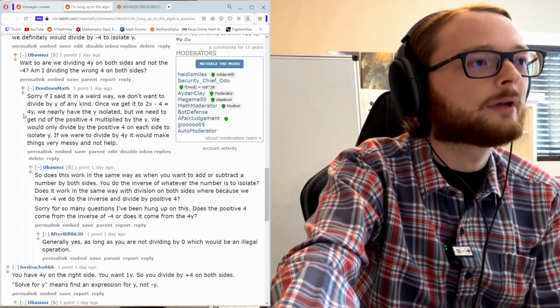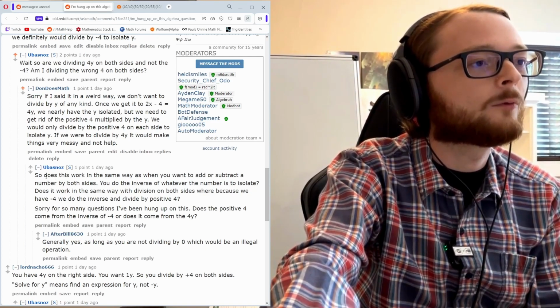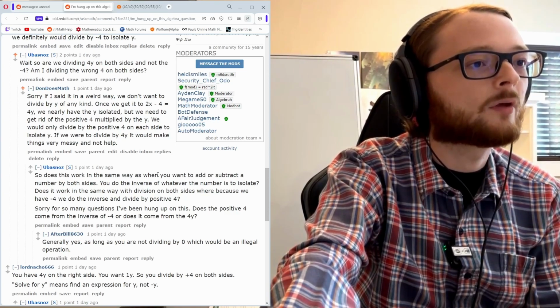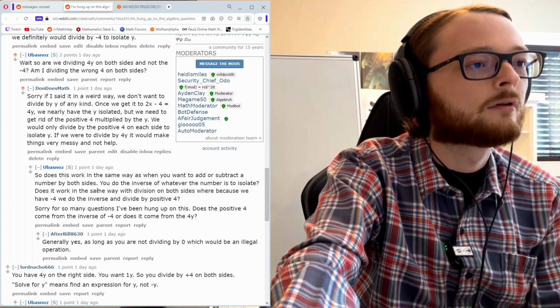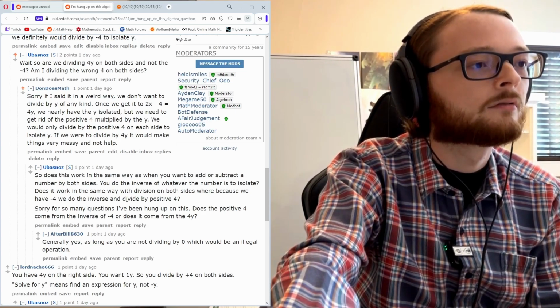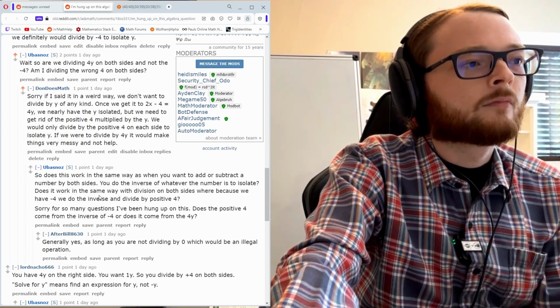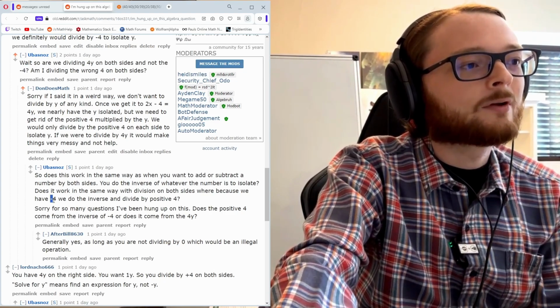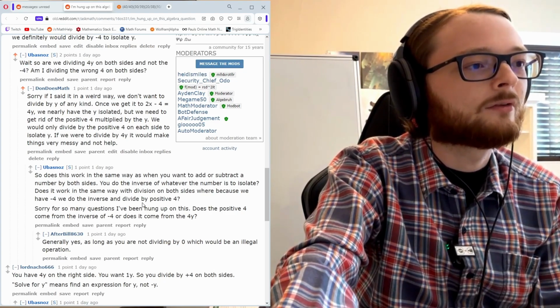So I tried to explain it a bit more clearly for why we only divide by 4. And then they said, so does it work in the same way as when you want to add or subtract a number by both sides? Oh, so I guess maybe their confusion is about flipping the sign the same way you have to flip the sign when you add or subtract from both sides.